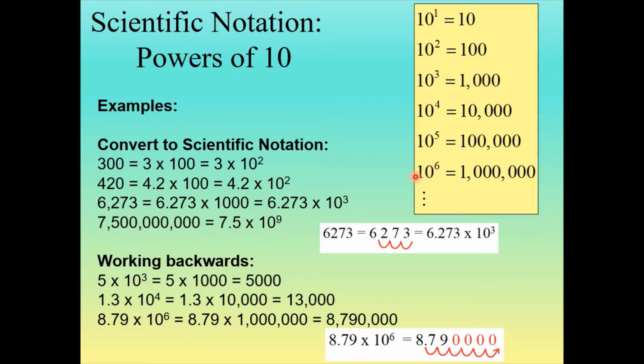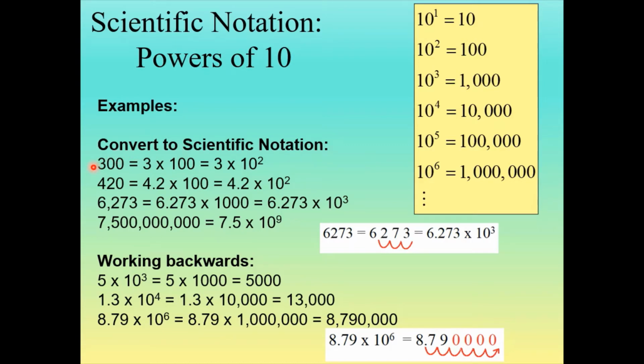Down here where we see 10 to the sixth power, which is 1 million, by the way, that is a 1 followed by 6 zeros. So instead of writing out something like 1 million with all these zeros, we're just going to say 10 to the sixth power. This system can be used with any number. It doesn't have to be just a power of 10.